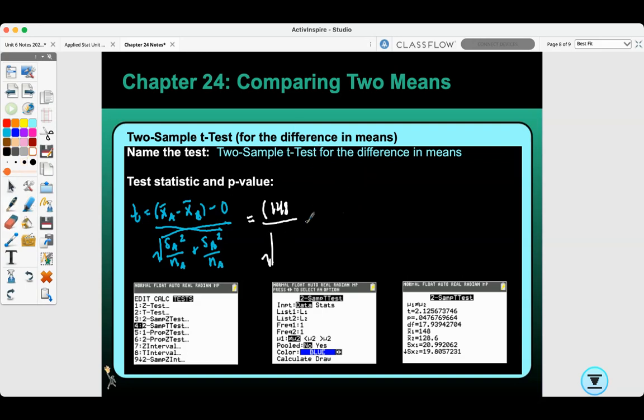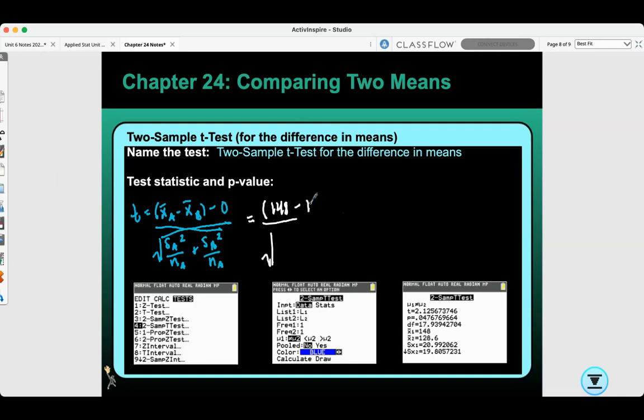It would be 148 minus 128.6 minus 0 all over the square root of 20.99 divided by 10, and that 20.99 is squared, plus 19.81 squared, all divided by 10. And this gives us a t-value of 2.126.